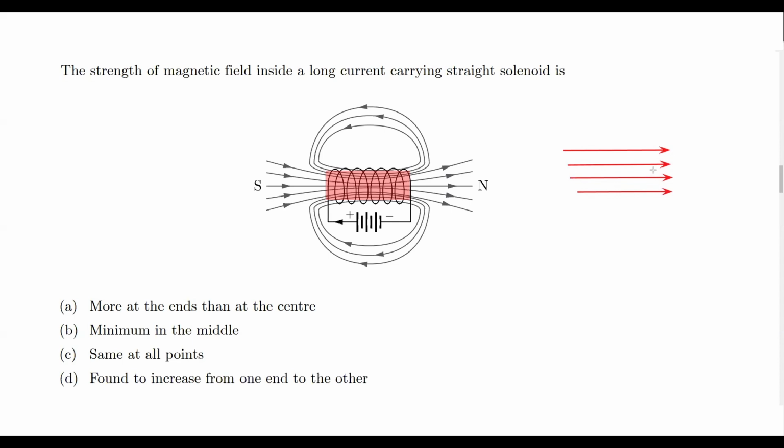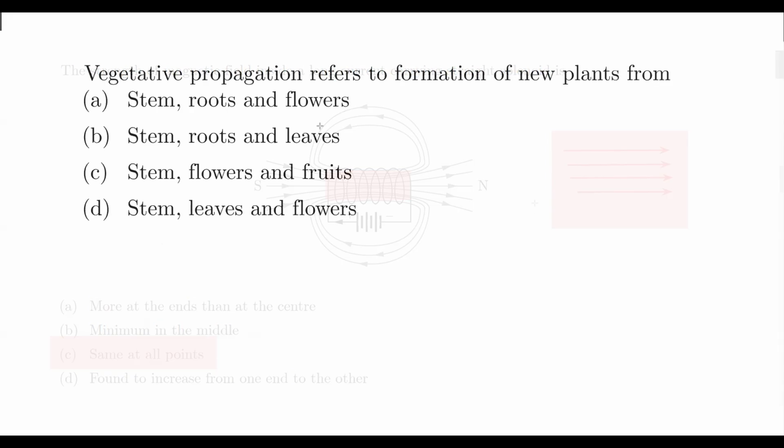Parallel magnetic lines indicate a uniform magnetic field. Uniform magnetic field means that the magnetic field at this point, this, or this will remain the same. The strength as well as direction will remain the same. So I can see that the correct option will be this: same at all points means uniform magnetic field.